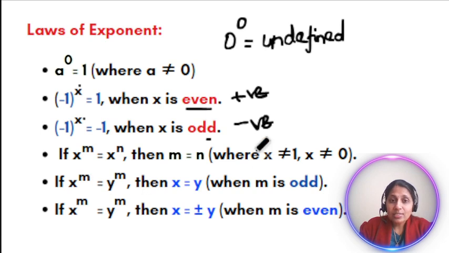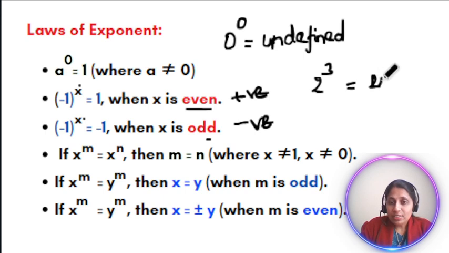The next one is x raised to the power m is equal to y raised to the power m. The bases are different but still they are equal, whenever m is odd. Say for example, 2 to the power of 3 will be equal to y to the power of 3.